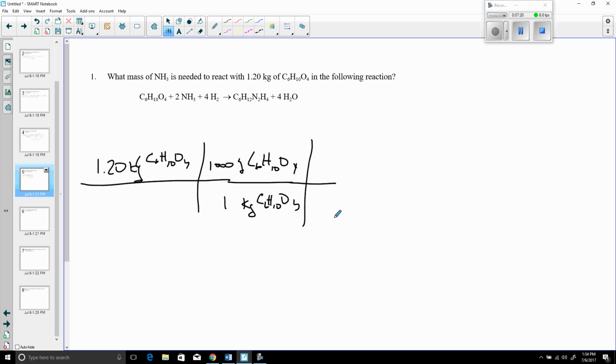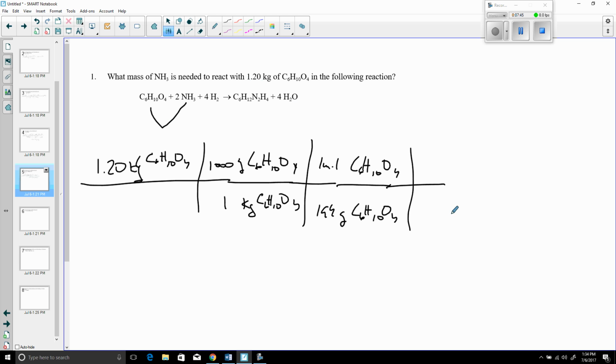So the molar mass of this substance, and I'm just going to give this to us, is 194 grams of C6H10O4 is equal to 1 mole C6H10O4.